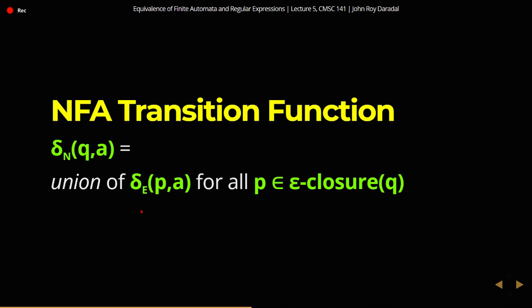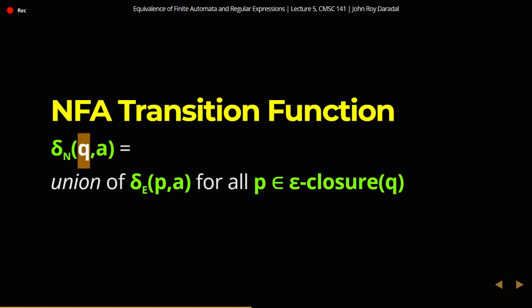So how will we change our transition function? So this is the equation that we'll use. So the transition function for the equivalent NFA, so for entry Q, state Q on input symbol A, we will get first the epsilon closure of Q. Okay, so remember epsilon closure from our previous video.